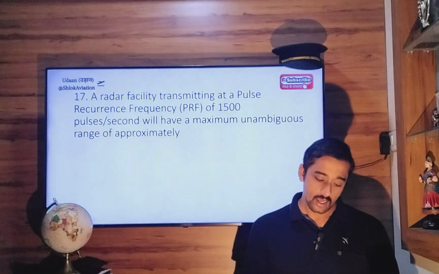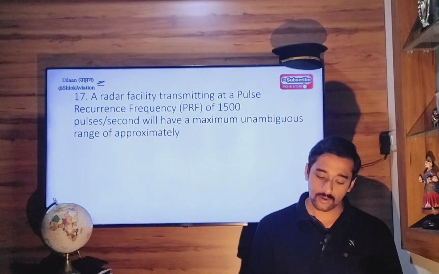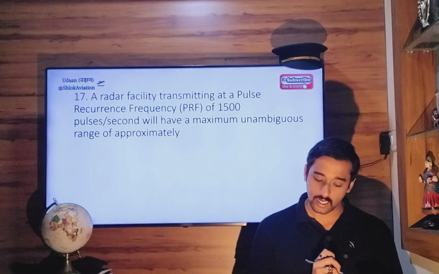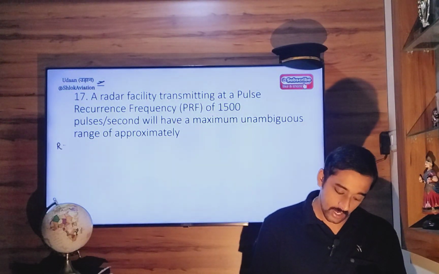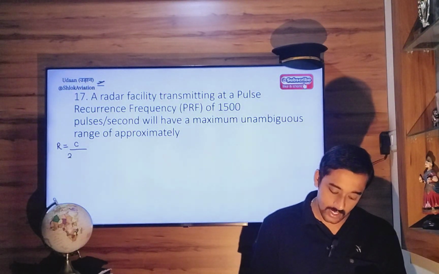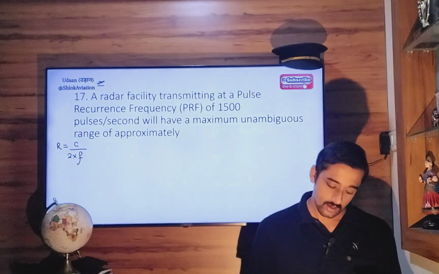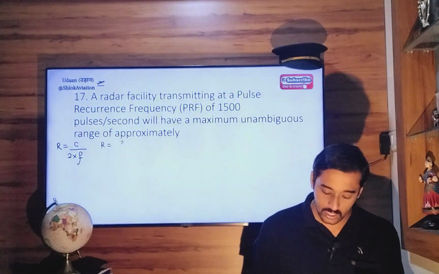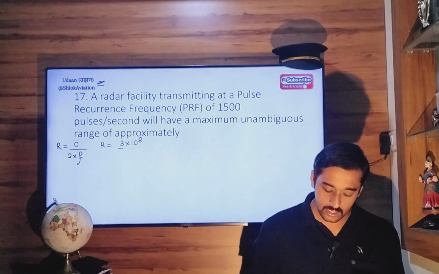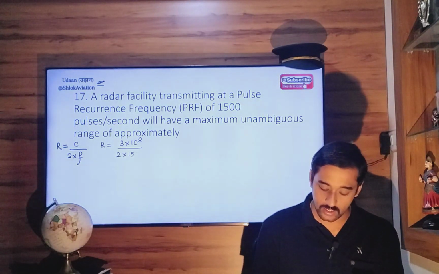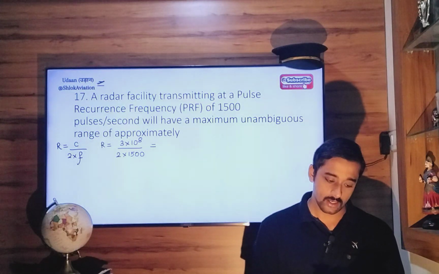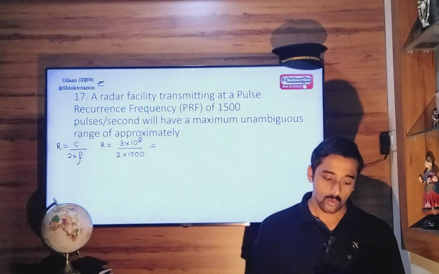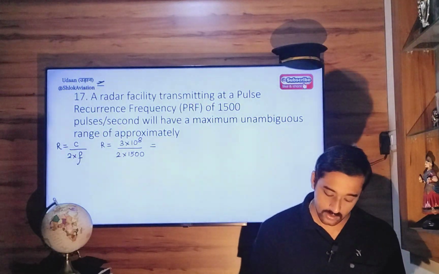Question number 17. A radar facility transmitting at a pulse frequency of 1500 pulses per second will have maximum range of how much? So same formula, range is equal to C, speed of light, divided by 2 into frequency. So range will be 3 into 10 raised to 8 meter per second divided by 2 into 1500 pulses per second. 2 into 1500 is 3000. 3 divided by 3000 is 1 into 10 raised to minus 3.